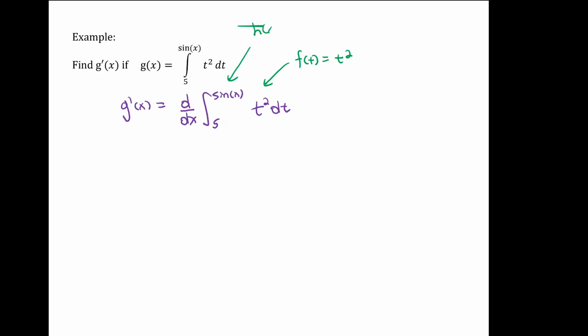Okay, another example. We're asked for g prime, so I'm going to take the derivative of the antiderivative, d by dx, integral from 5 to sine of x of t squared dt. So here our f of t is t squared, and our h of x is sine of x. So according to the fundamental theorem, we're going to get f of h of x times h prime of x.